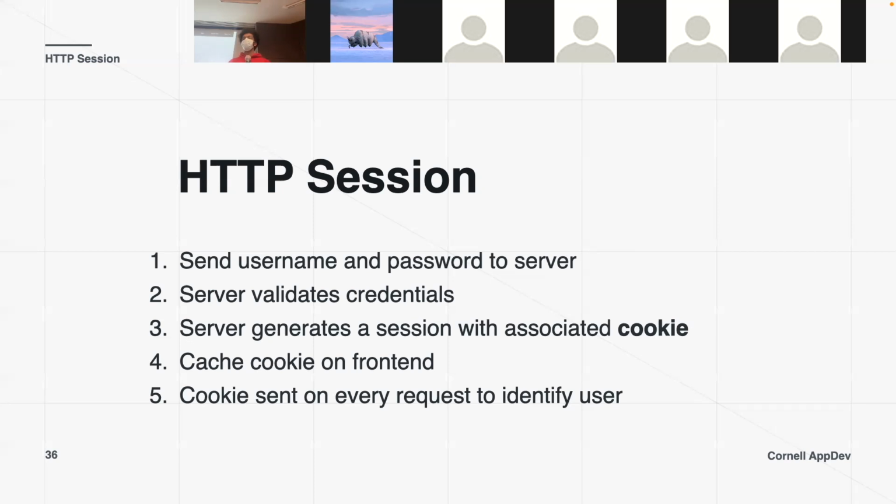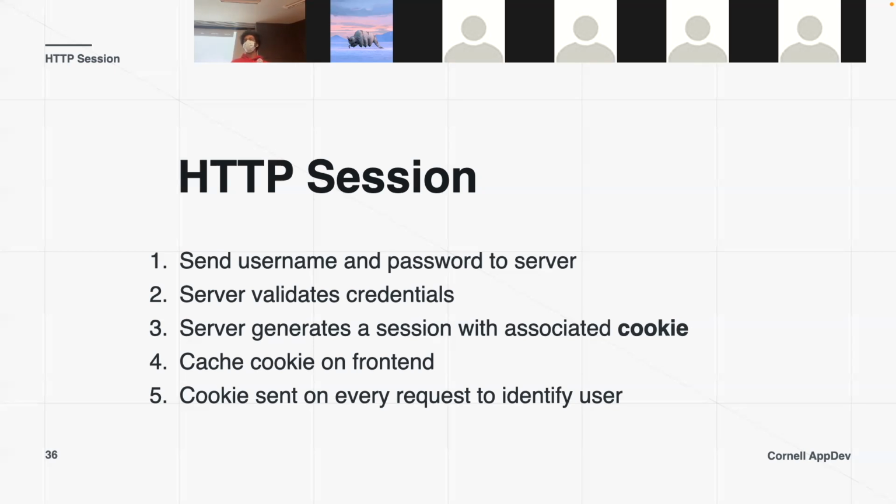So we're logging in, right, or creating a user. We send the username and password to the server. The server creates the credentials like before, but this time the server will also create a session and an associated cookie. So this cookie will store the session data and store it in the browser.